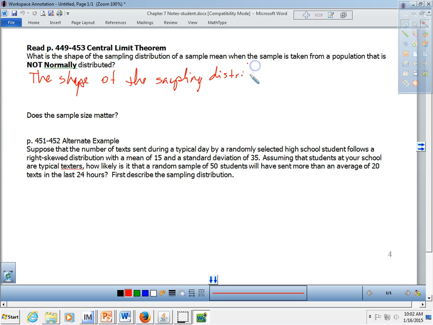The distribution takes the same shape as the population distribution.